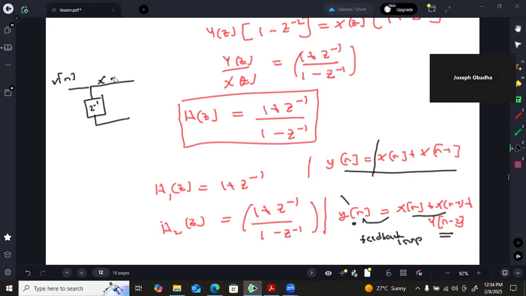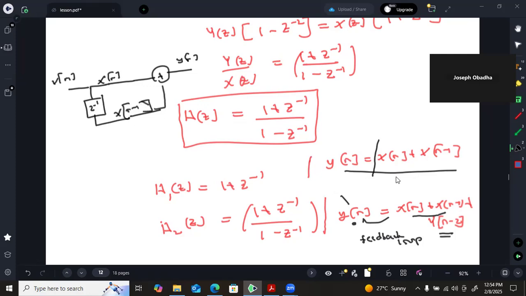I have x of n, and if I add here, I will get y of n, x of n plus x of n minus 1.